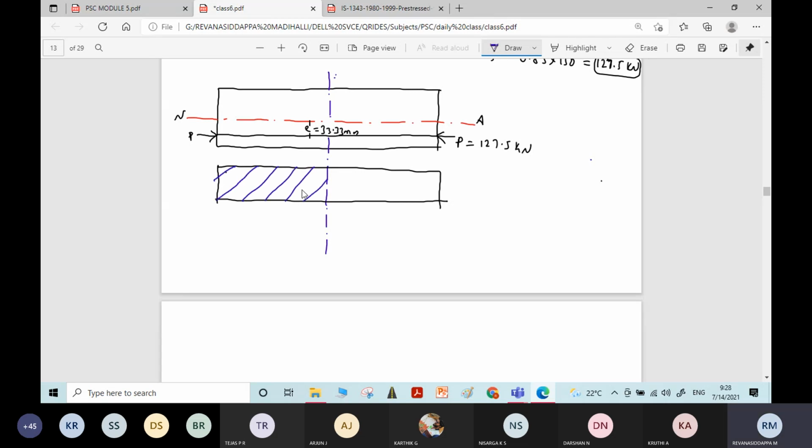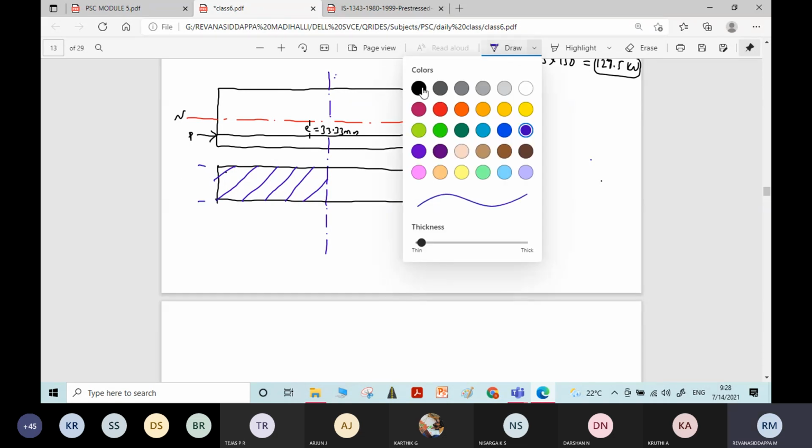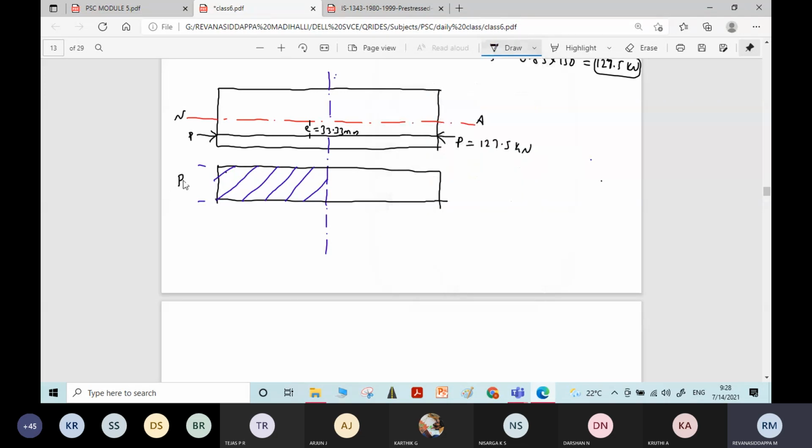So what is the intensity here? Is P into E, correct? PE is the intensity. So P is 127.5. In terms of Newton, it is 127.5 into 10 power 3 into 33.33.